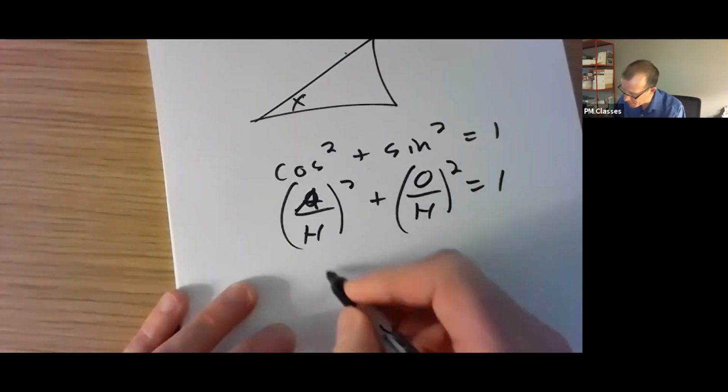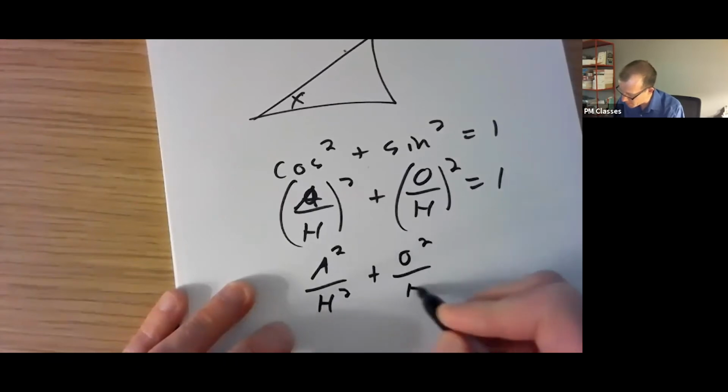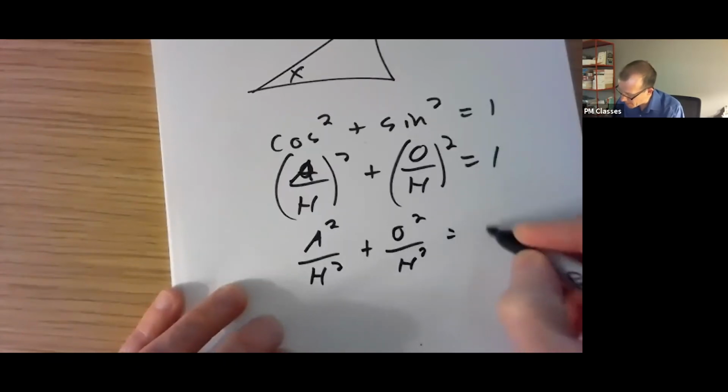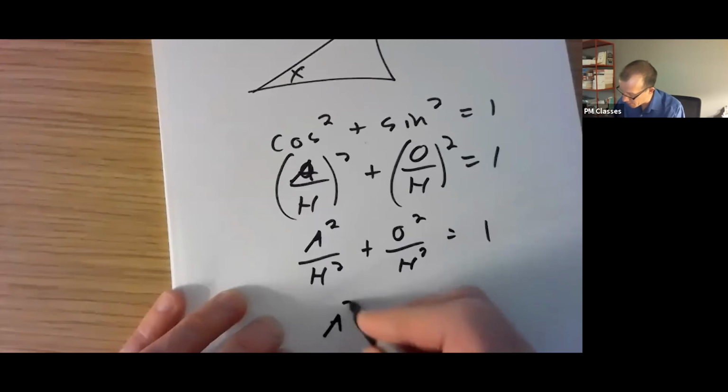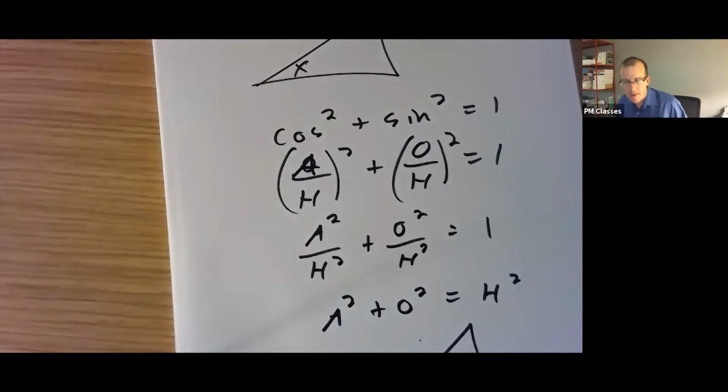If I multiply everything through, just go in the opposite direction, and multiply everything by H squared, we're back to the Pythagorean theorem. So let me show you two quick problems with this.